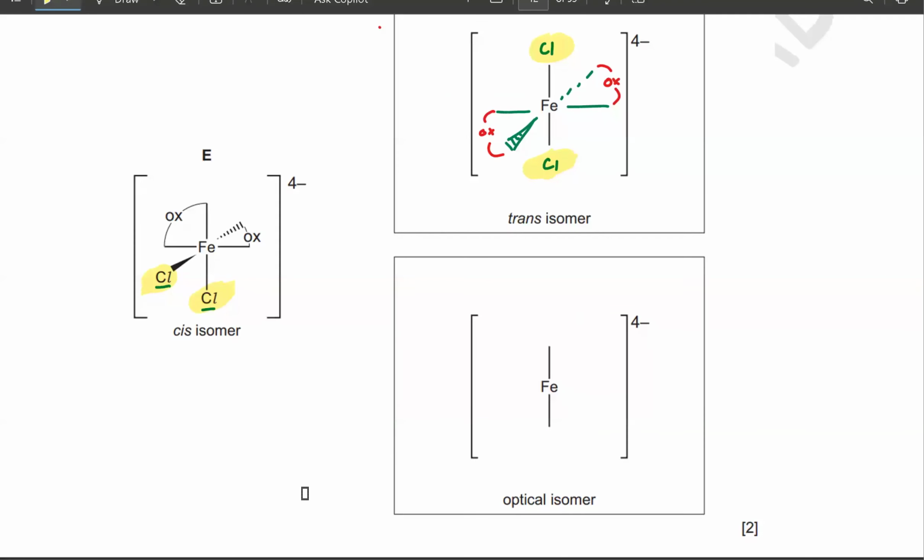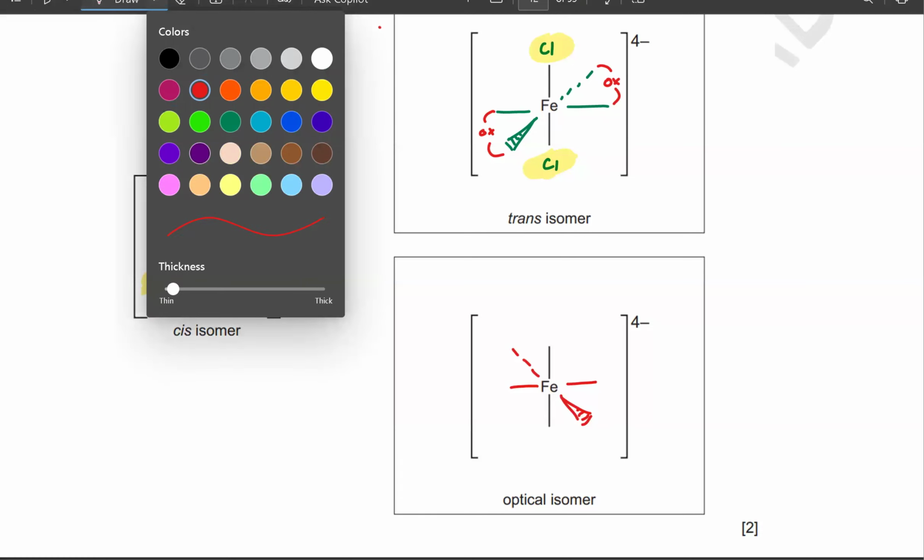So if I want to draw the optical isomer for this, I need to draw the mirrored version, because he was asking for a trans and he's asking for the optical isomer as well. So I'm going to draw the mirrored version. Everything has to be mirrored really neatly.